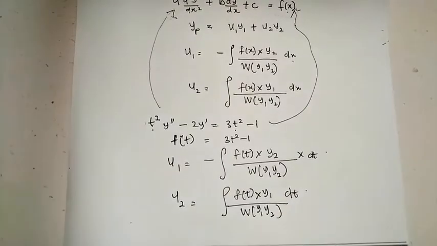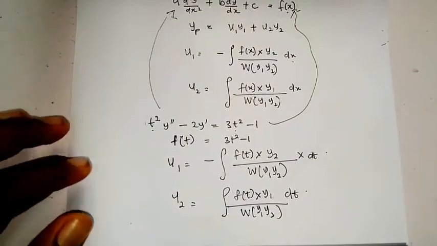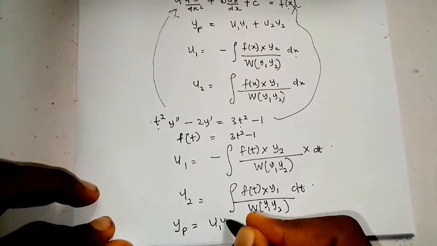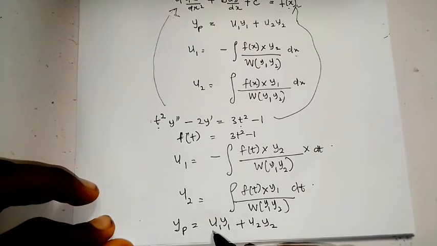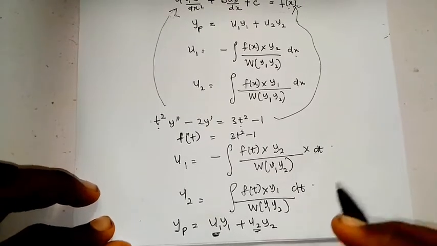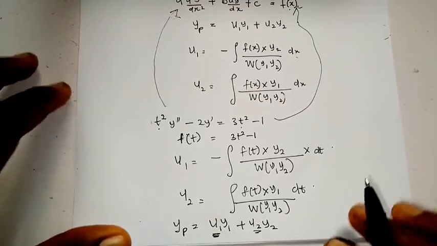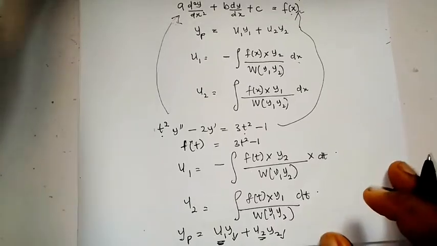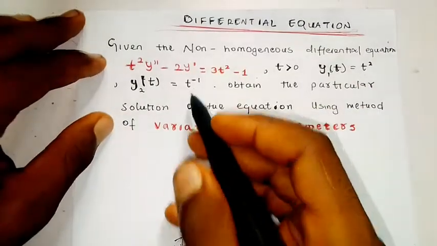So now let's solve. We just need to obtain u1 and u2 and substitute them in u1 y1 plus u2 y2 to get my particular solution, since we already have y1 and y2 from the question to be t squared and t raised to power minus 1. So let's solve.